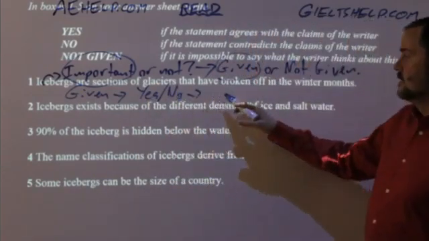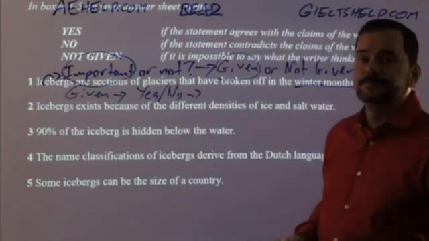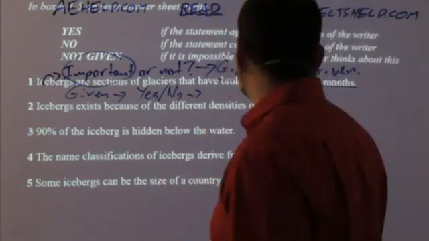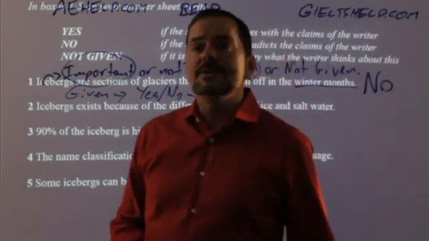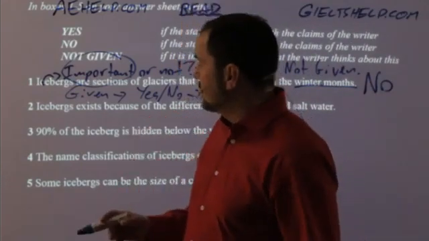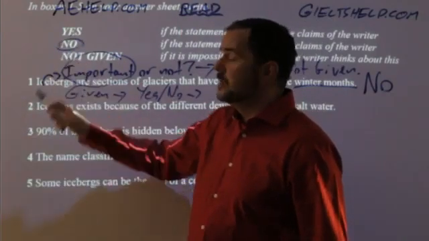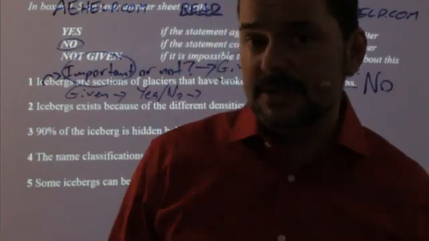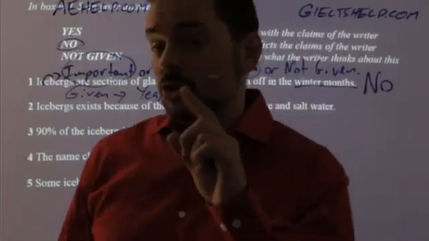So there's sections of glaciers that have broken off in the winter months. Yeah, exactly. So Janiel says no, it's not. Okay. Now, Saga, this is where you want to be really careful because you said false, but this is a yes, no, not given question, so you have to say no. In the computer-based exam, you cannot make a mistake because all you do is you choose no from the drop-down menu.